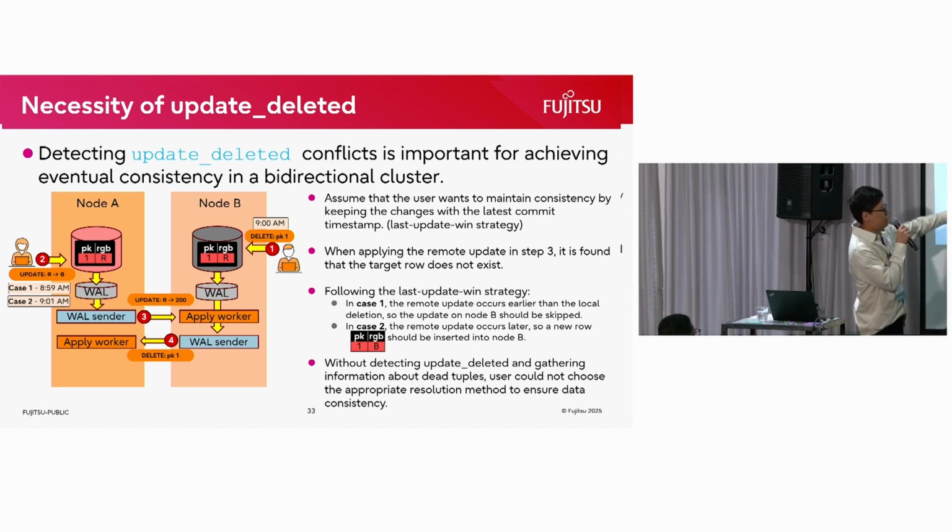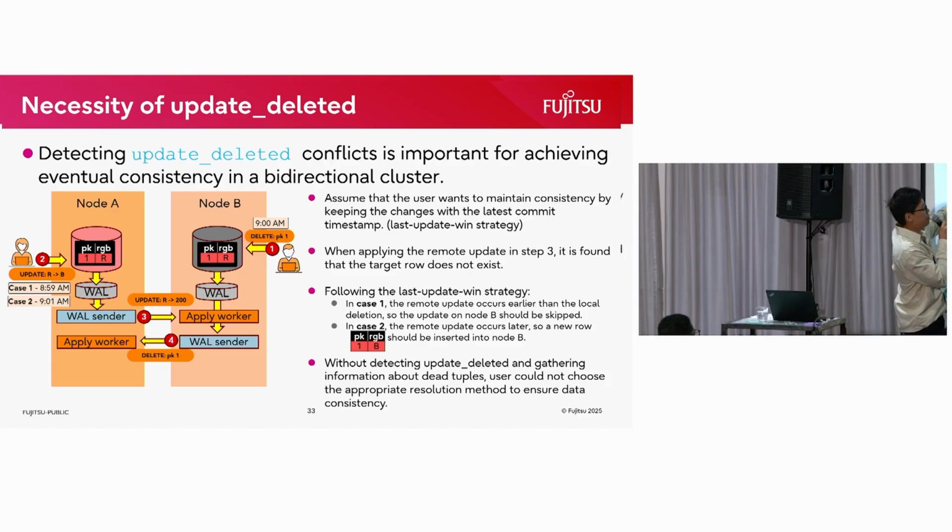As shown in the diagram, say a user deletes a row on node B and concurrently another user updates the same row on node A. In step 3, when it tries to replicate the update from node A to node B, the apply worker will find a conflict because it cannot find the local row to be updated.